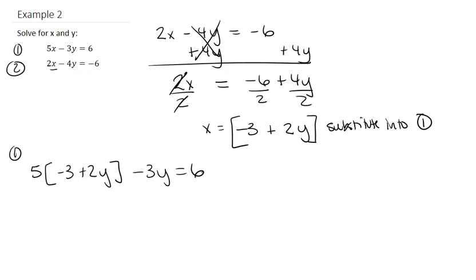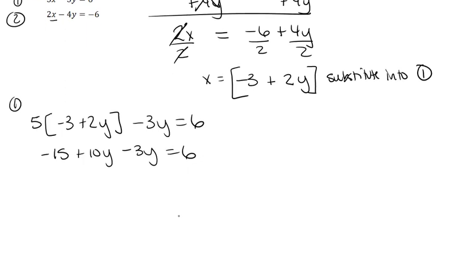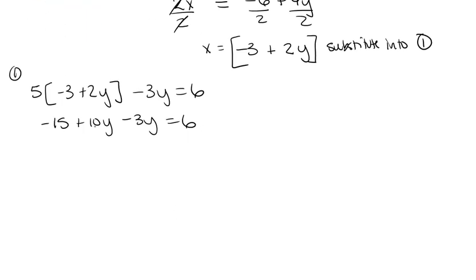Now we can go ahead and solve. So we need to distribute this 5. 5 times negative 3 is minus 15. 5 times 2 is 10, so we get 10y. Then we have minus 3y, which is equal to 6. Next we need to simplify. So we have minus 15, 10y minus 3y is 7y, which is equal to 6.